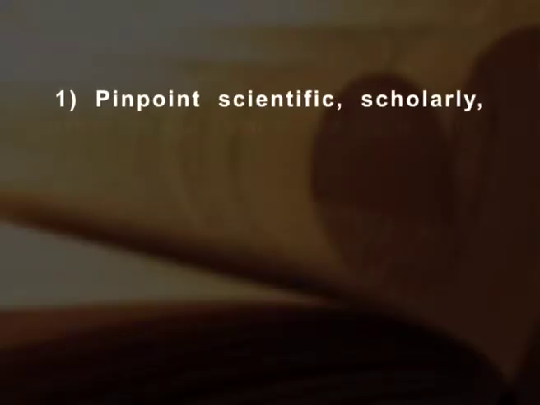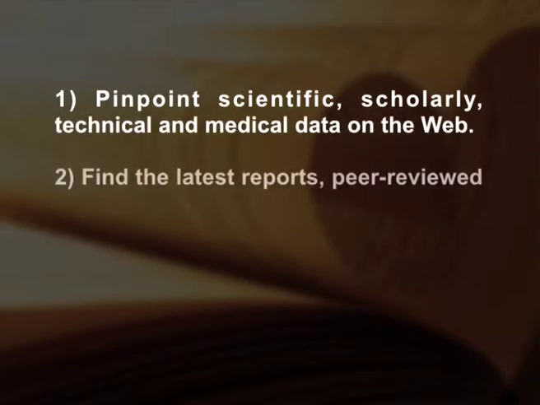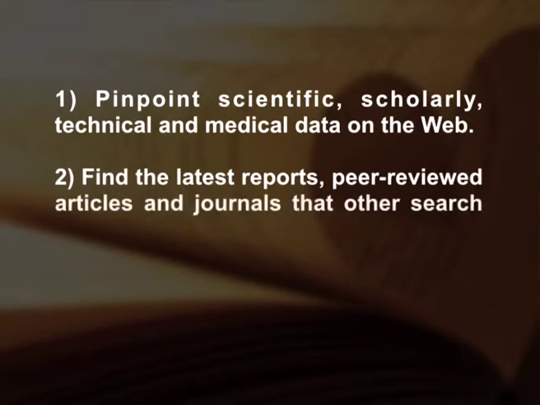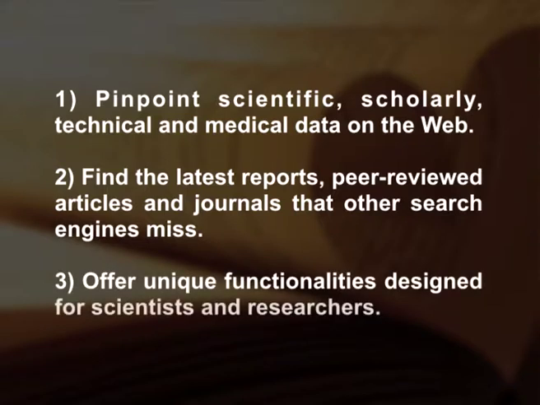Driven by the latest search engine technology, Scirus searches over 167 million science-specific web pages, enabling users to quickly pinpoint scientific, scholarly, technical and medical data on the web, find the latest reports, peer-reviewed articles and journals that other search engines miss, and offer unique functionalities designed for scientists and researchers.